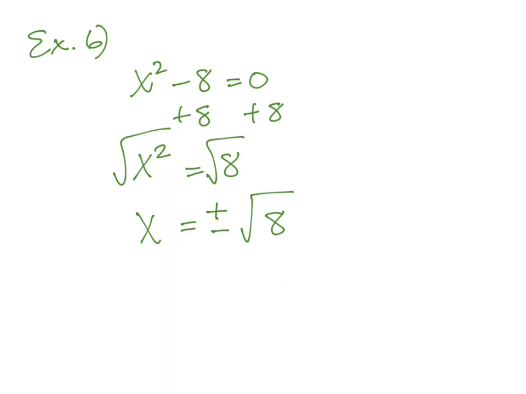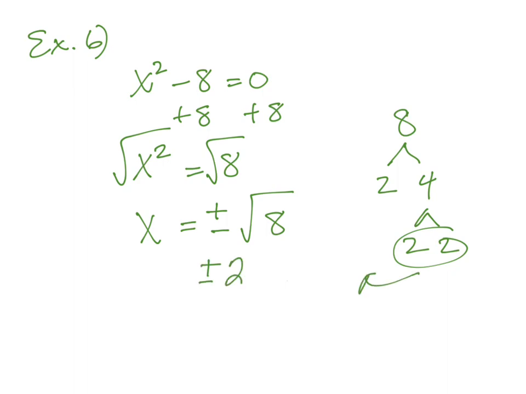What's in 8? 3 2s. 2 square roots of 2. So I want to pull one set of 2s out, so I'm going to have plus or minus 2 square root of 2 left over. So x is equal to plus or minus 2 square root 2.